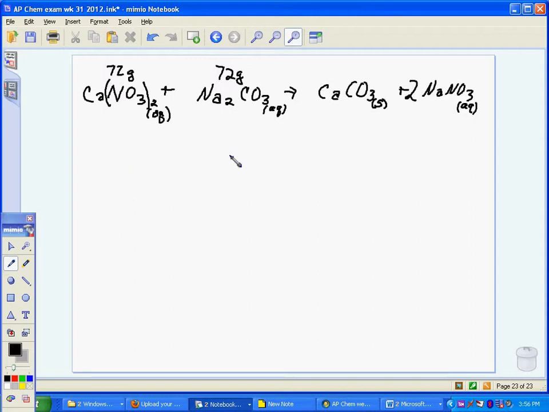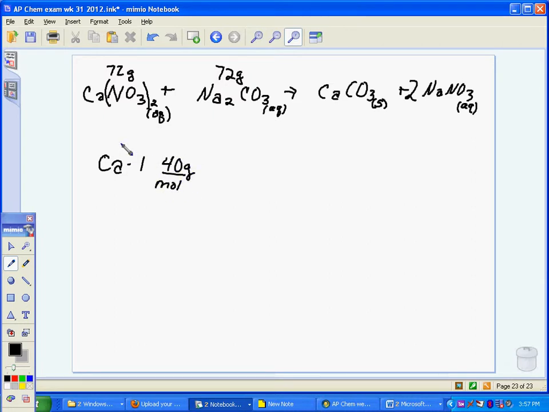Let's just take this calcium nitrate for example. Calcium, we've got one of them. And we're going to say 40 grams per mole.